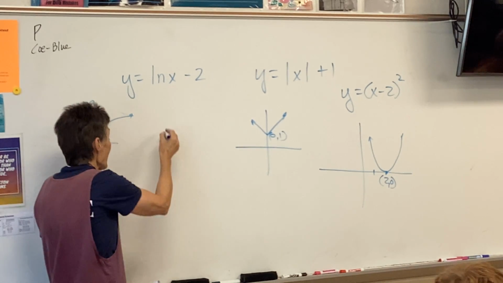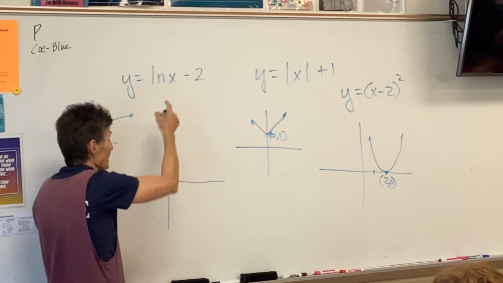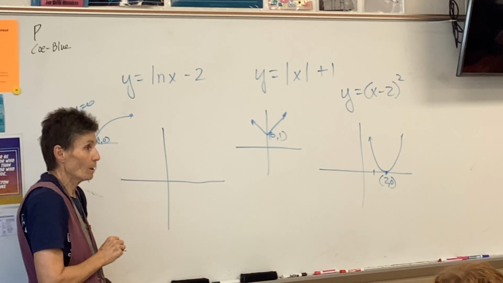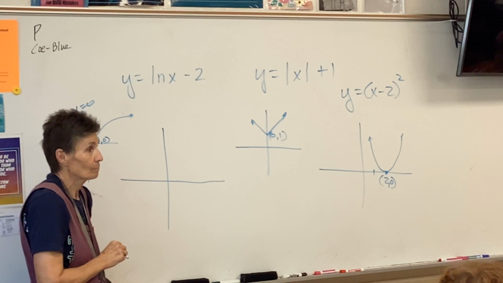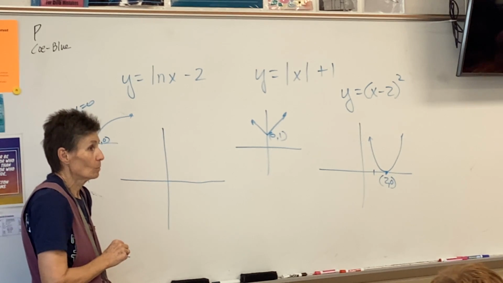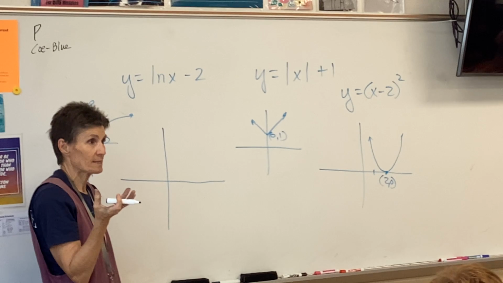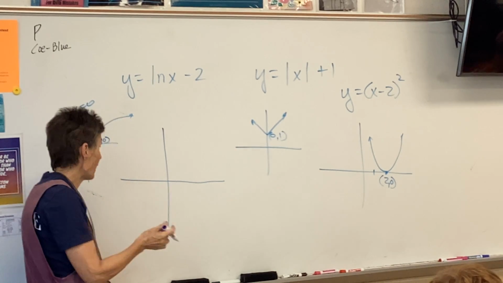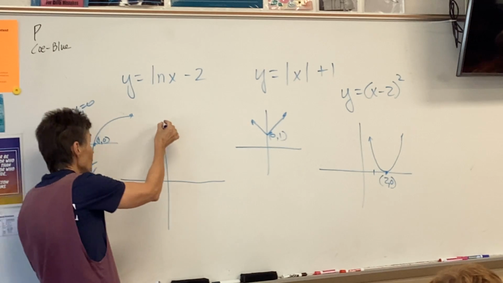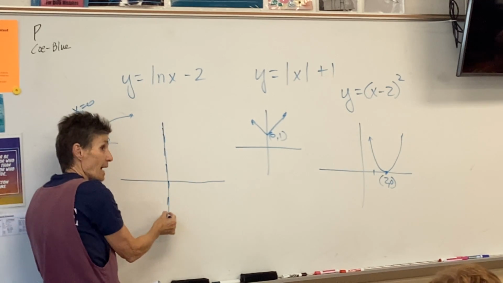Now, what is gonna happen this time? Just in words, what happens in the picture? It goes down 2. Now, will going down 2 impact my asymptote?